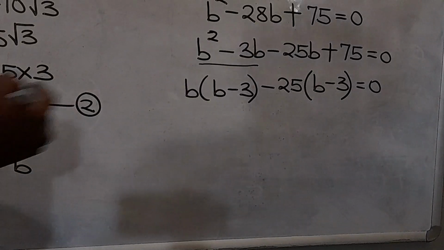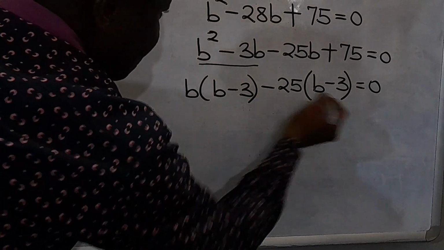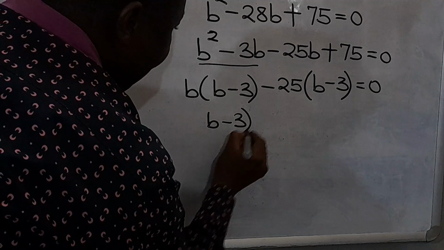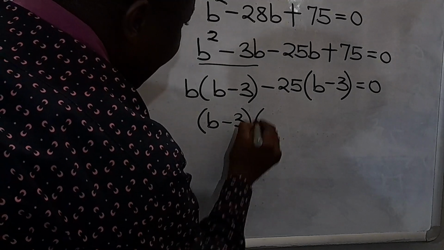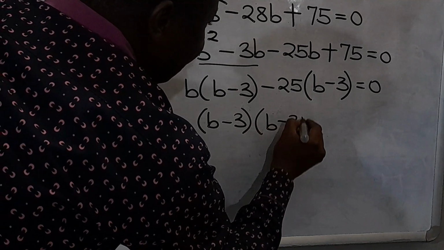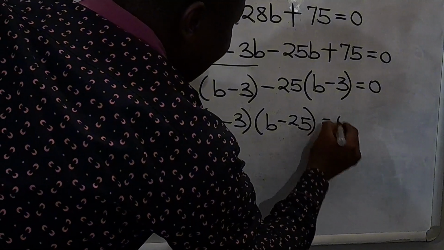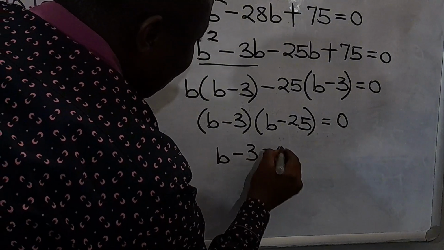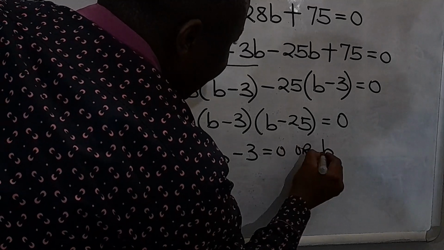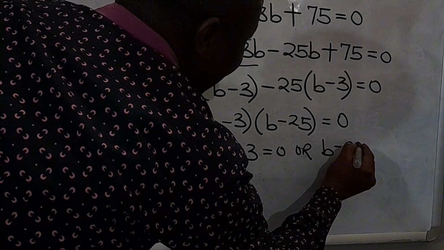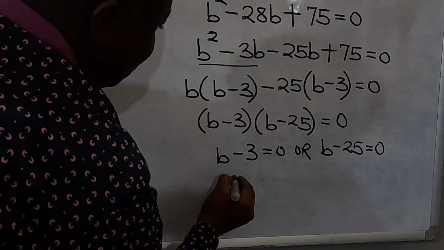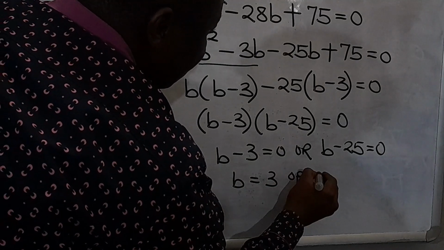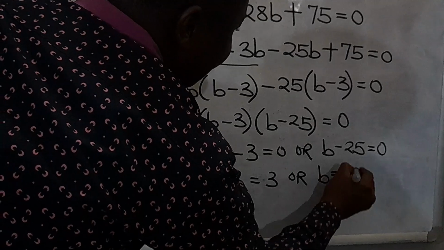From this, we know b minus 3 is common, so you have b minus 3 and b minus 25 outside equal to 0. We know b minus 3 equal to 0, or b minus 25 equal to 0. So b is equal to 3, or b is equal to 25.